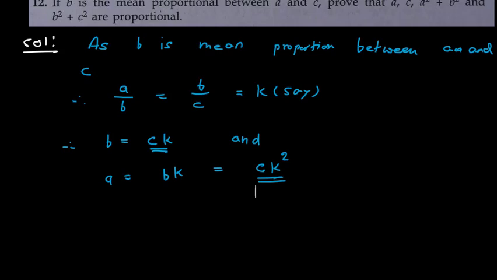Now we have to prove that a, c, a square plus b square and b square plus c square are proportional.